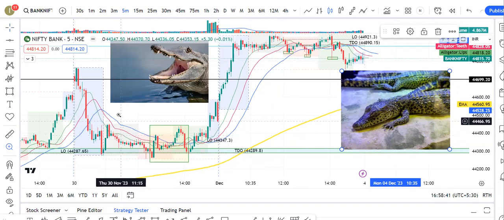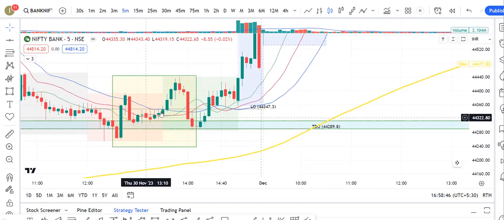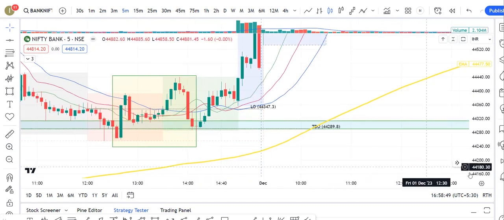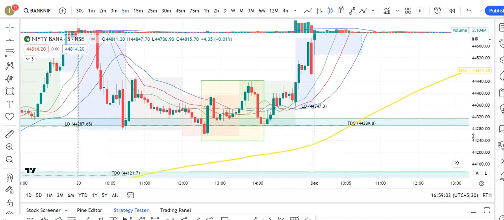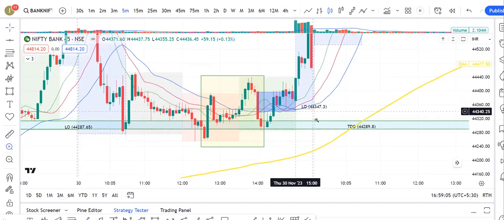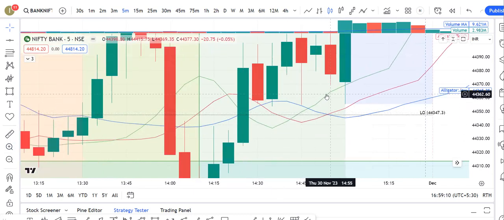There, if you see the sleeping alligator, the converging moving averages around 1:30, around 3 p.m., before that itself, it started opening up. You can closely observe. I'll zoom it out. Closely observe that the lip started crossing over the jaw and the teeth. So they started aligning themselves in an order.